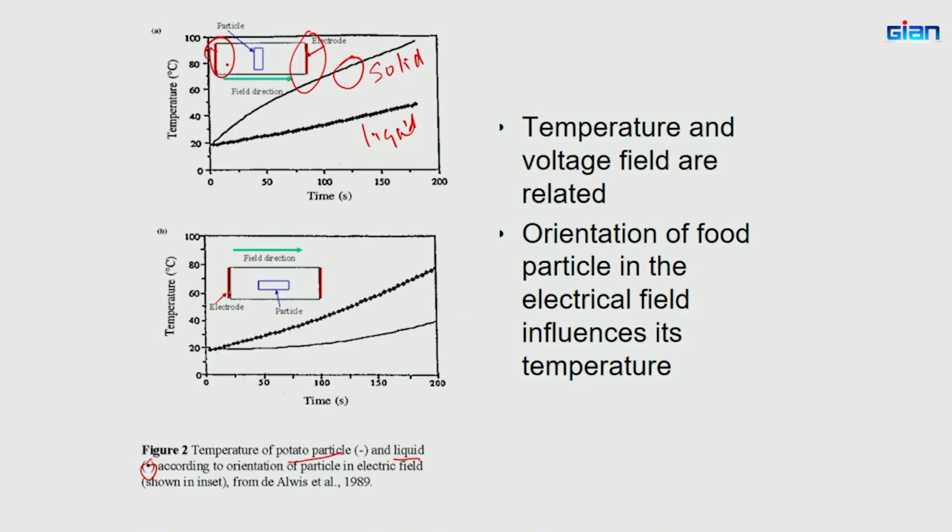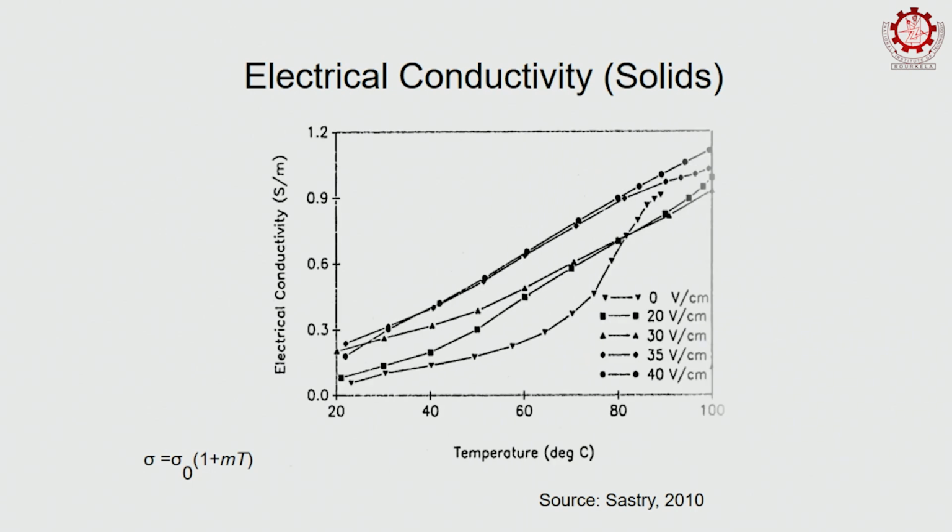In one case the electric field is parallel to the potato, whereas in the other the electric field is applied with the potato horizontal. The same potato, same condition, but just by changing the orientation, the heating rates of solids and liquids reverse. So ohmic heating is much more complex compared to traditional canning and other methods. That's where you need mathematical modeling to understand the various things happening during ohmic heating.